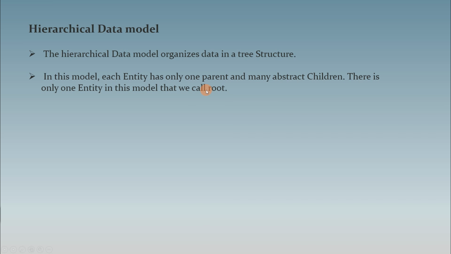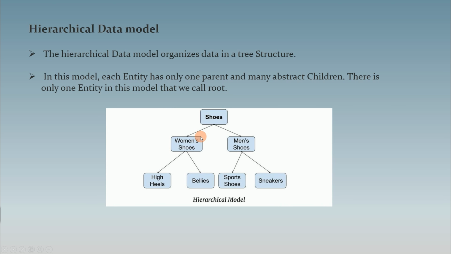This is the difference between these three data models, which can help you in identifying the key characteristics and features of these data models. Now you can see here, shoes. Then shoes has two children: women's shoes and men's shoes. Then women's shoes has high heels and bellies. Men's shoes has sports shoes and sneakers. So this is the hierarchical model.